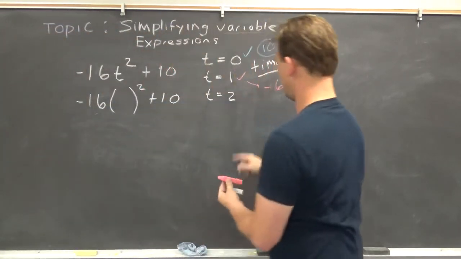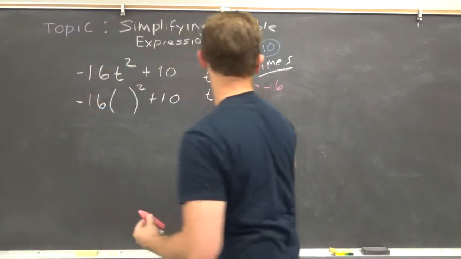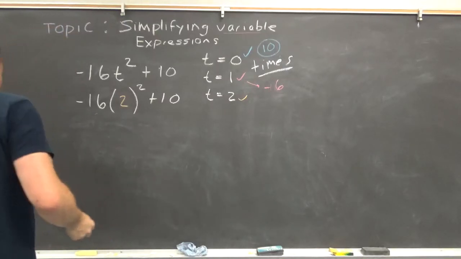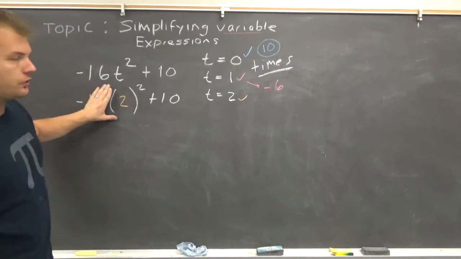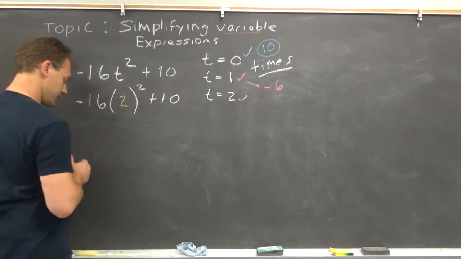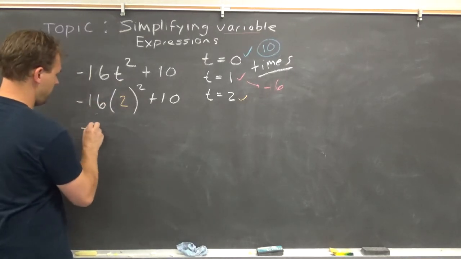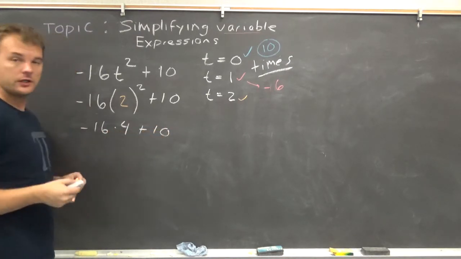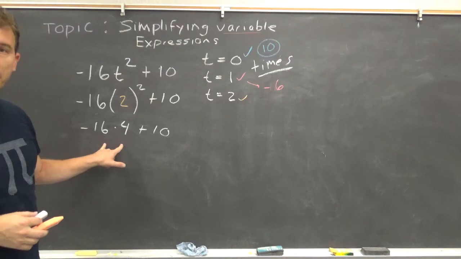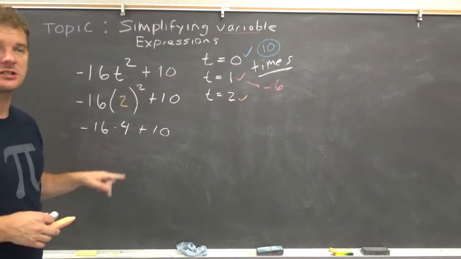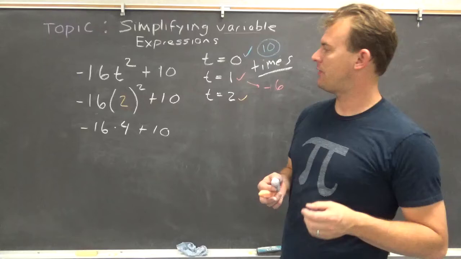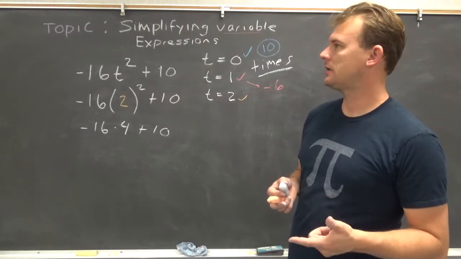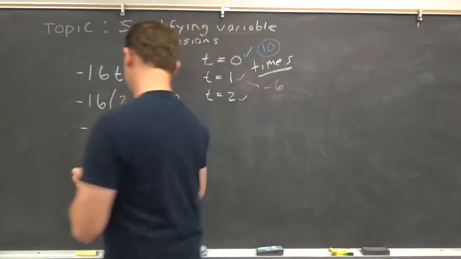What about the next one? We're going to put in 2 here, and now we put in 2 here. 2 times 2 is 4. So this is negative 16 times 4 plus 10. According to order of operations, or PEMDAS, we do multiplication first. 16, 32, 48, 64.